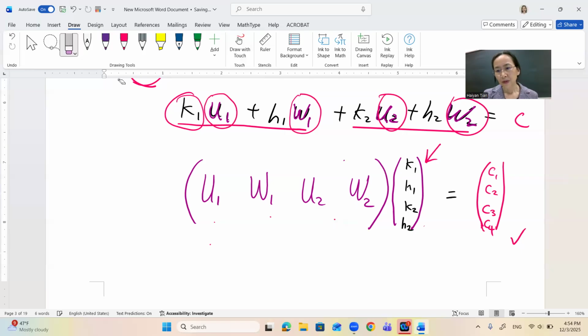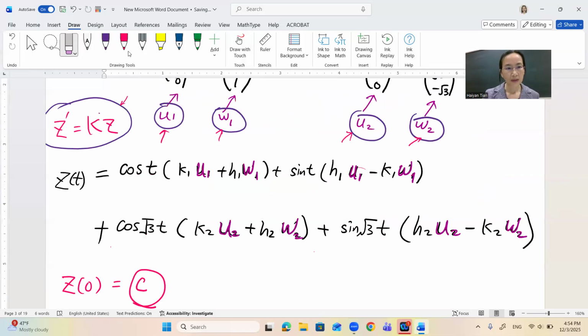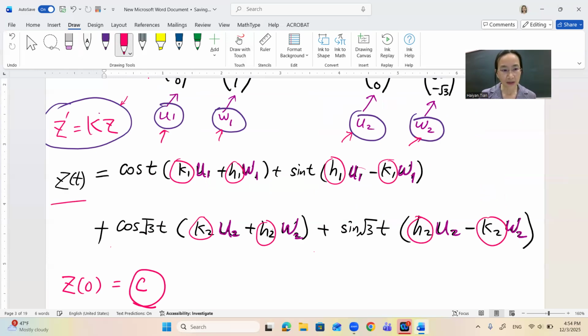So the particular solution is with the found K1, H1, K2, H2. You put here those numbers you found based on the initial data. Then you get a particular solution that satisfies not only the system, but also the initial data.